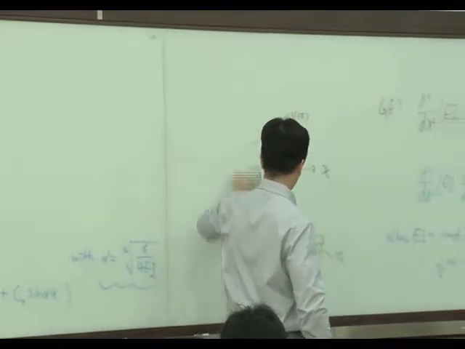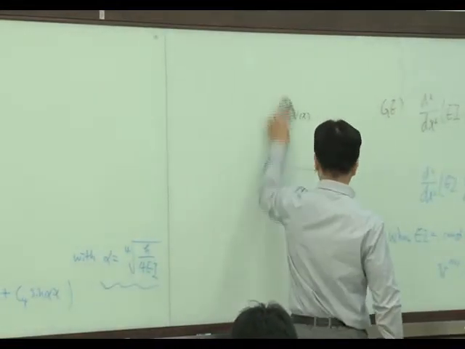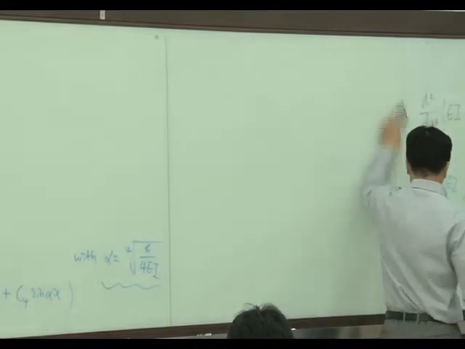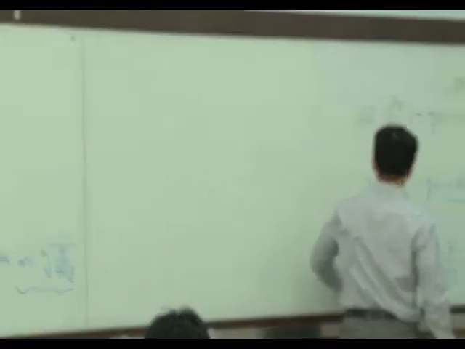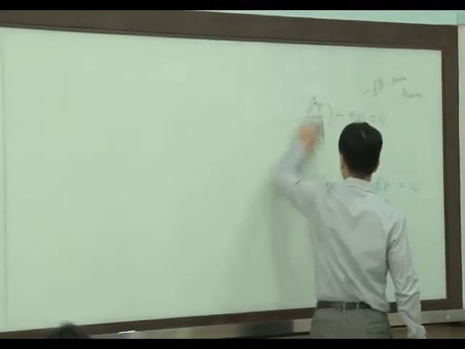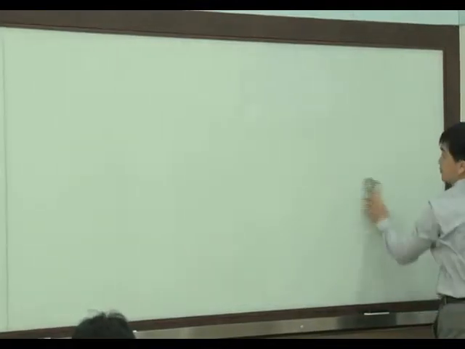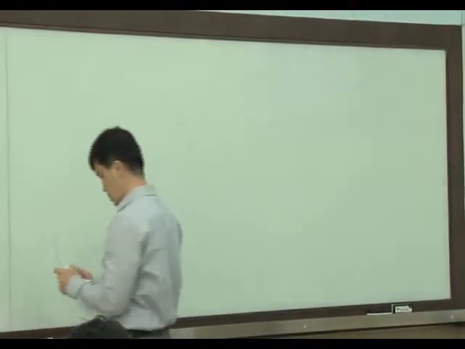So for this kind of ordinary differential equation, the solution is the sum of the homogeneous solution and the particular solution, right? This is basic mathematics.